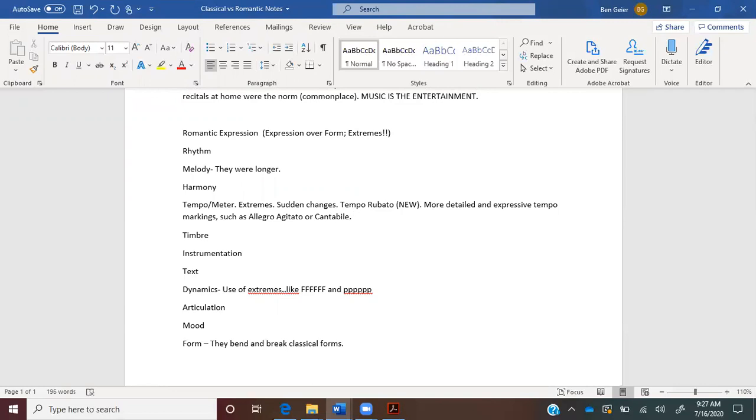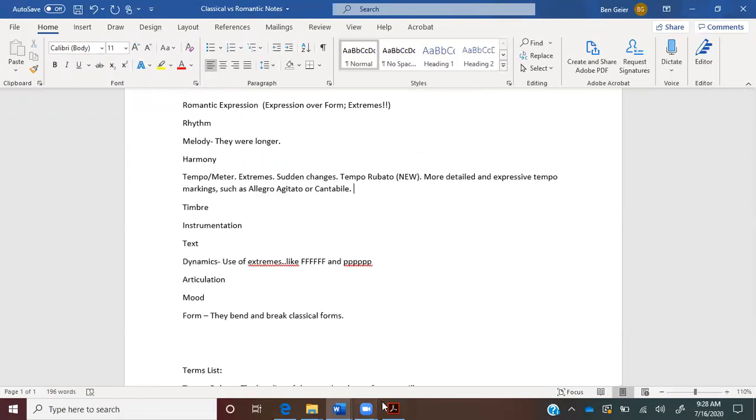Right, so allegro means fast, agitato means agitated, cantabile means in a singing style, or like singing, canta, right? For those of you who remember your Latin. Okay, good.